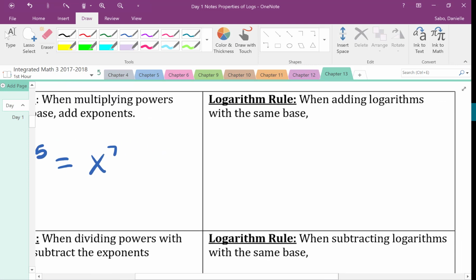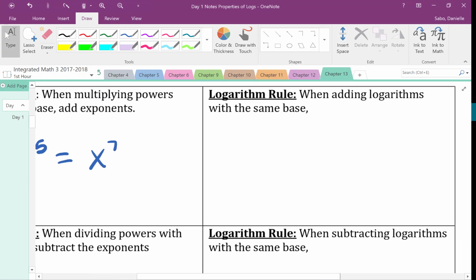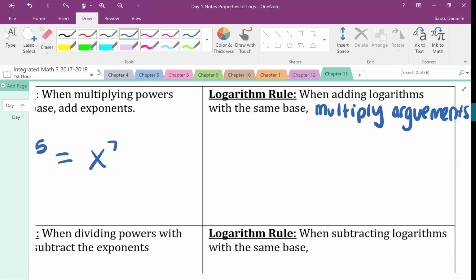So when we're adding logs with the same base, we're going to be multiplying. And this time we're going to be multiplying the arguments though. No, the x is the base here. The argument is what is equal to in exponential, but I'll show you an example.